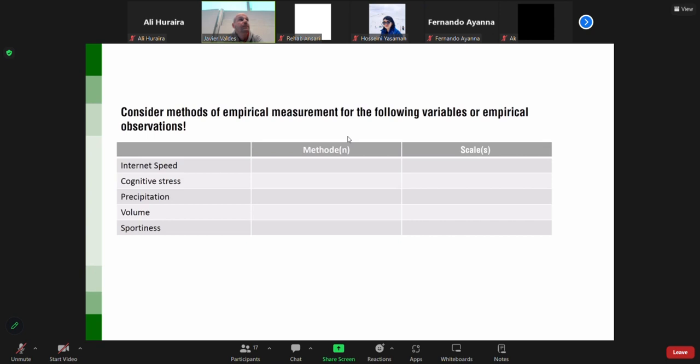Fitness. Ratio of fat and muscle. That will be which kind of scale? Perfect. Yeah. Can you have 0?